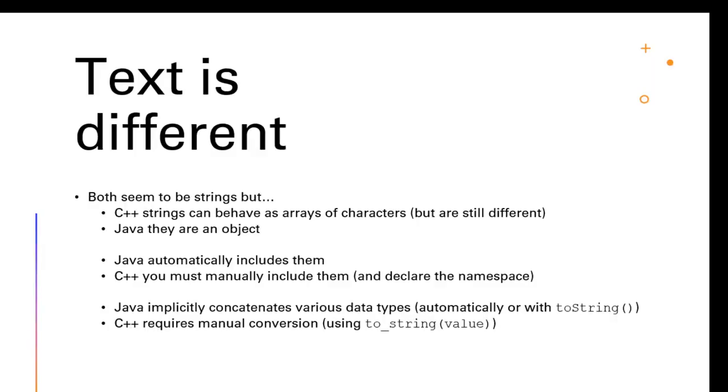It's really important to understand, though, that text is quite different in C++. They both have strings. They both seem to have the ability to do strings. But in C++, strings are frustratingly in between. In Java, they're an object. In C++, they can behave as an array of characters, but they're still not an array of characters.